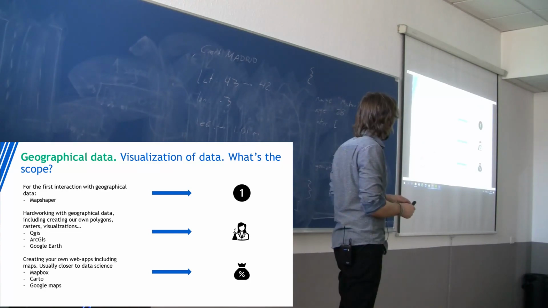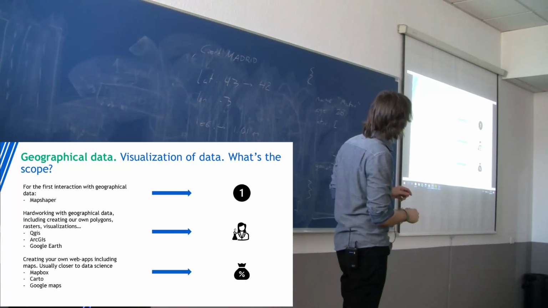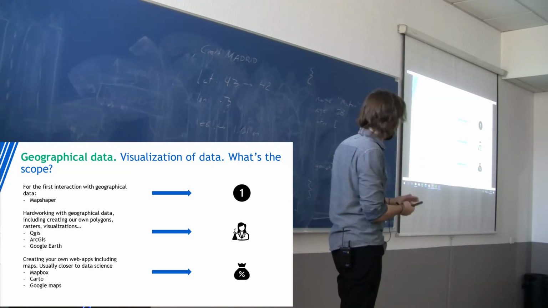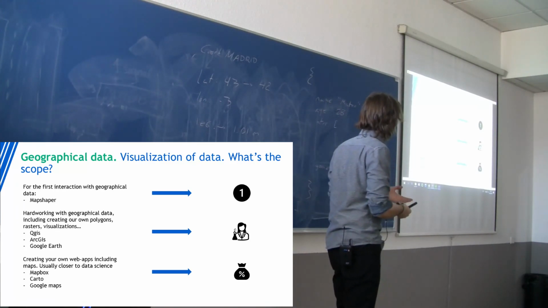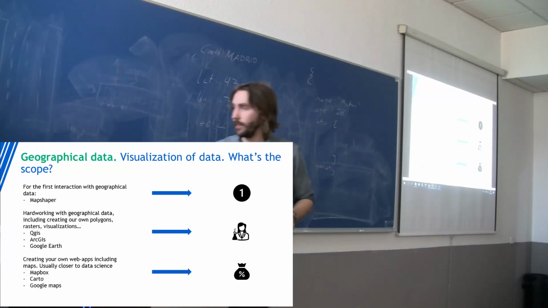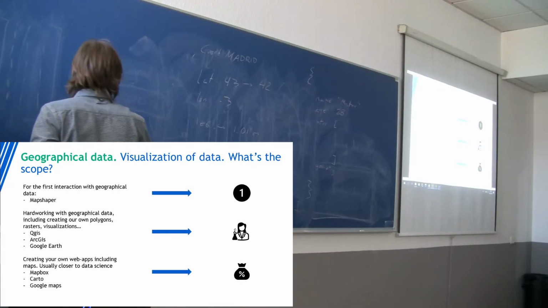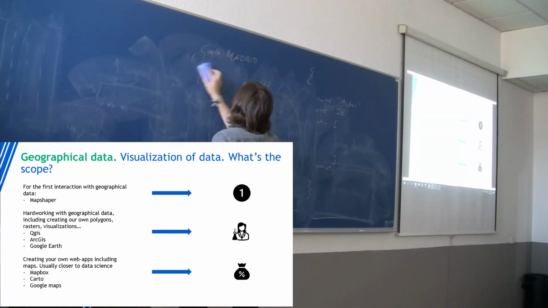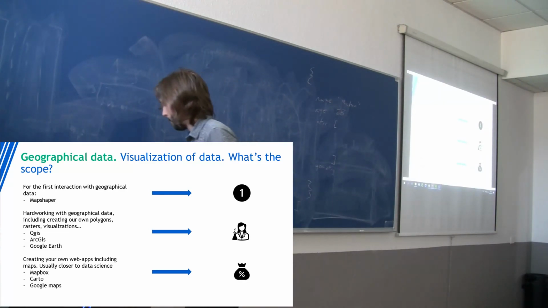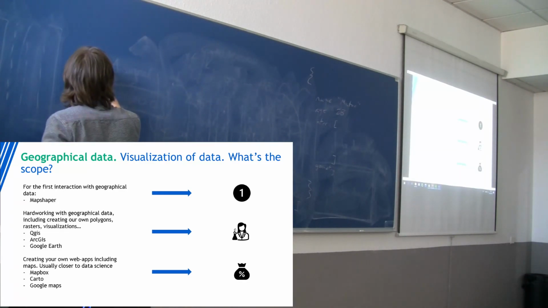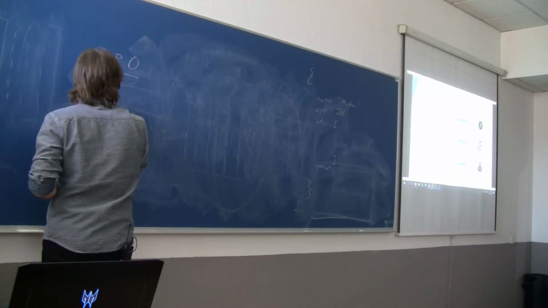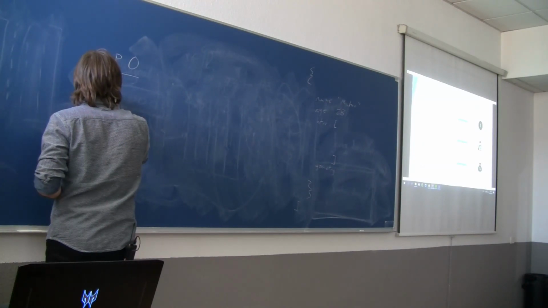And another thing I would like to say before starting coding, we have 10 minutes this hour, is what we are going to do today. The step 0 would be using Map Saver.